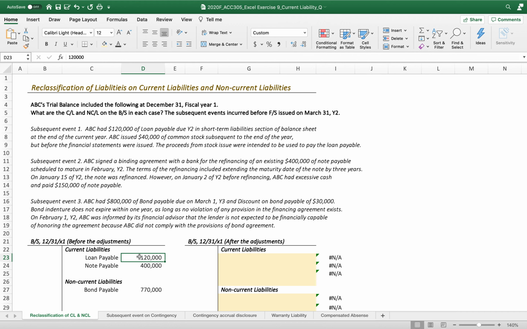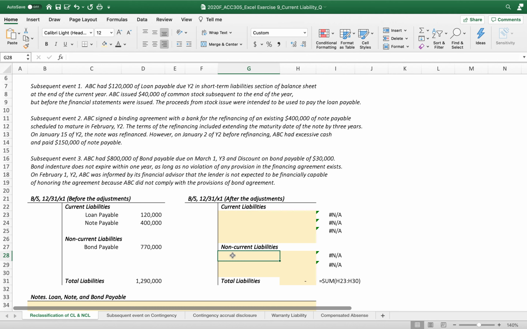So this is exactly the case where the company has the ability to pay this short-term loan payable. Out of the $120,000, the reason the company issued common stock after the balance sheet date but before the financial statements were issued is that the company is going to use the proceeds to pay the loan payable. So the company has the ability. Out of the $120,000 short-term loan payable, $40,000 should be reclassified as non-current liability.